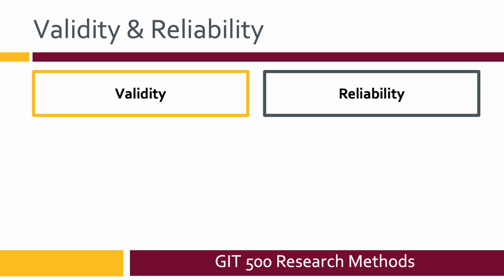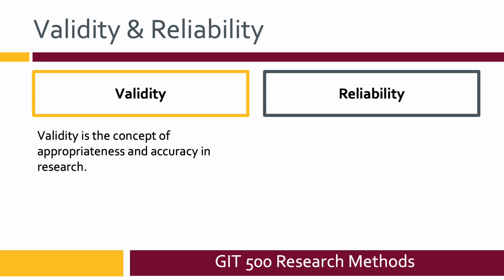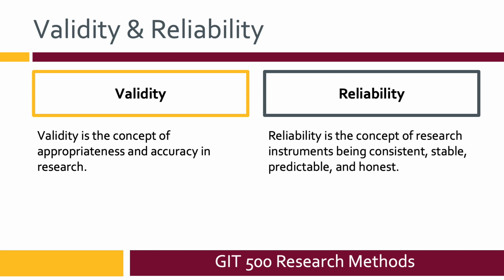The difference between validity and reliability is this. Validity is the concept of how appropriate and accurate the research is. Reliability is the concept of the research instruments, the data collection instruments, being consistent, stable, predictable, and honest, not biased.